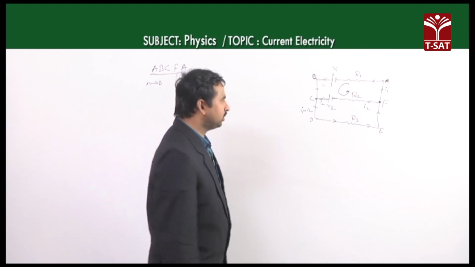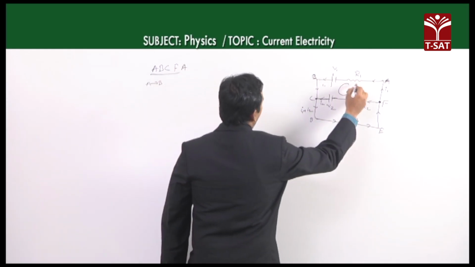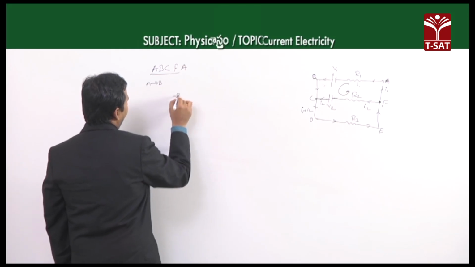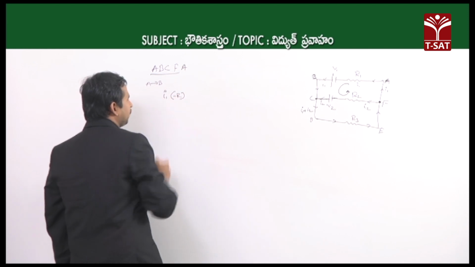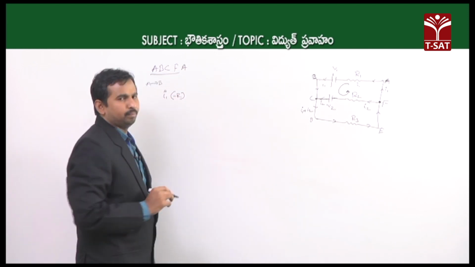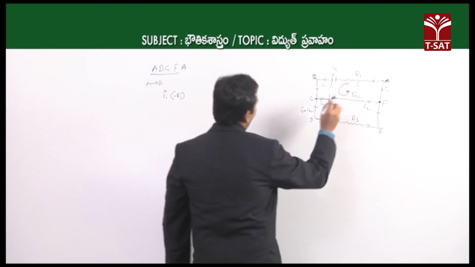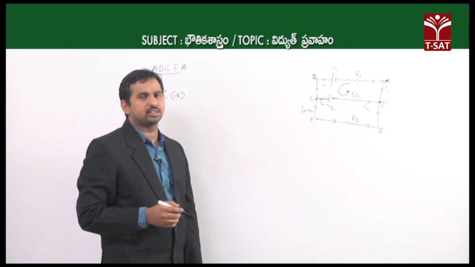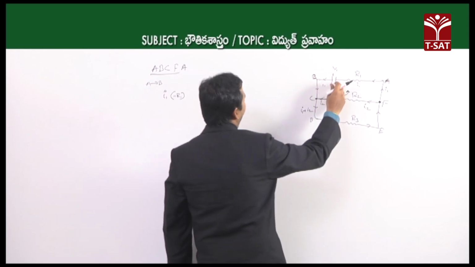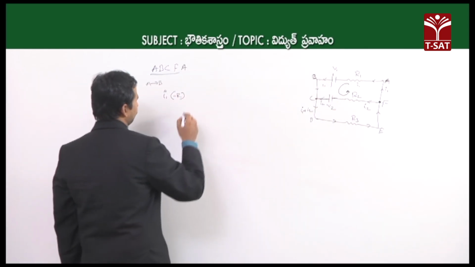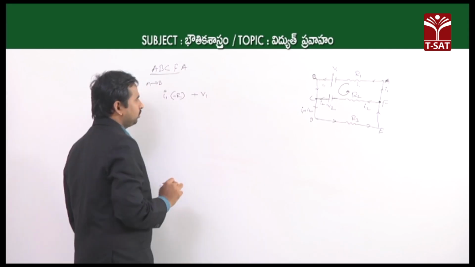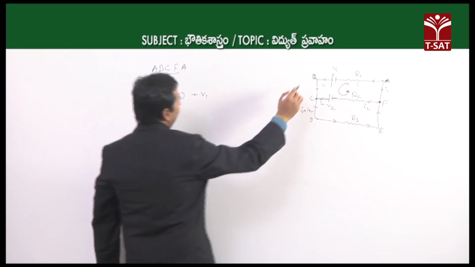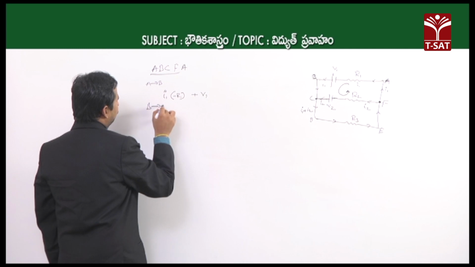As the current passing through this R1 is I1, then the potential drop at that point is minus R1 I1. And going from minus to plus in case of this voltage, following rule 2, the second sign convention for voltage, as you are going from minus to plus, we have to take that as positive, which is plus V1. Okay? Then that is about the A to B part. Now come to B to C. B to C, nothing is there.